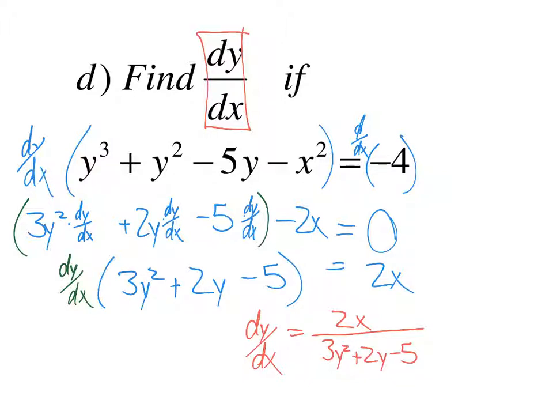And that is the derivative of y with respect to x. And yes, it has x's and y's in it, but that's okay. Because if we want to find the derivative at a point on this graph, we'll just plug in the x coordinate and the y coordinate. And that'll give us the rate of change. Okay?